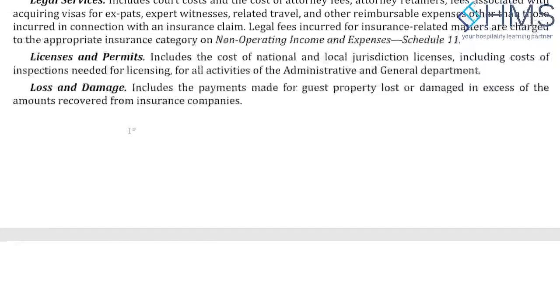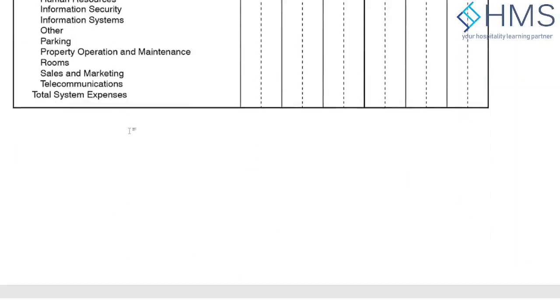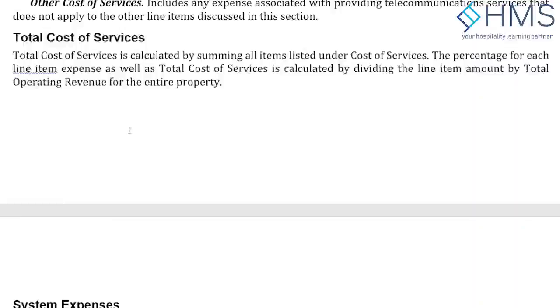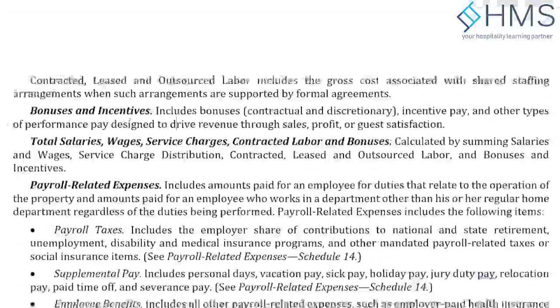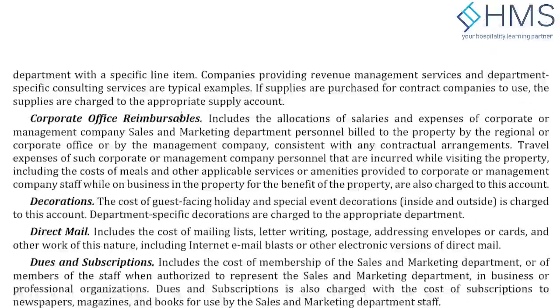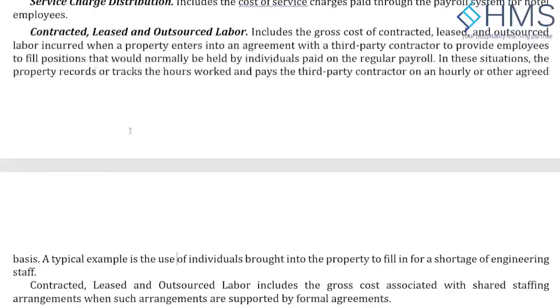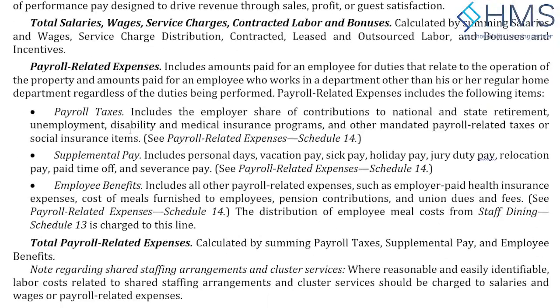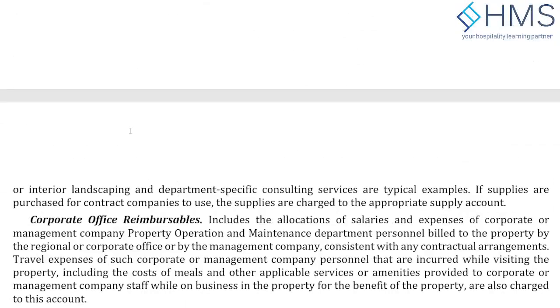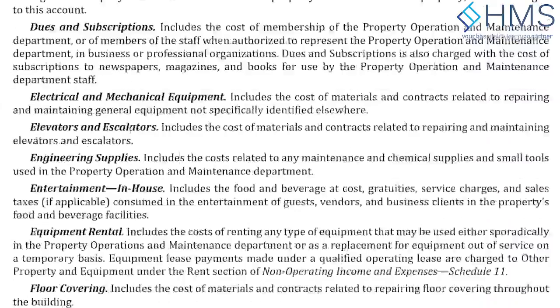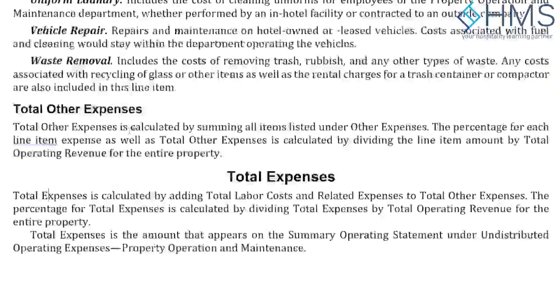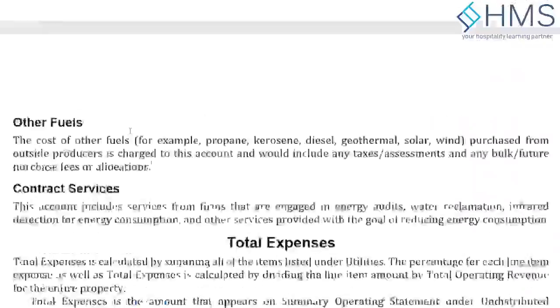These departments, A&G, A&B, sales and marketing and IT expenses, do not have more detailed operating statements like the revenue departments, because you just need to analyze the expenses in more detail. We have covered the explanation of all the line items, so we will not go into the details again.